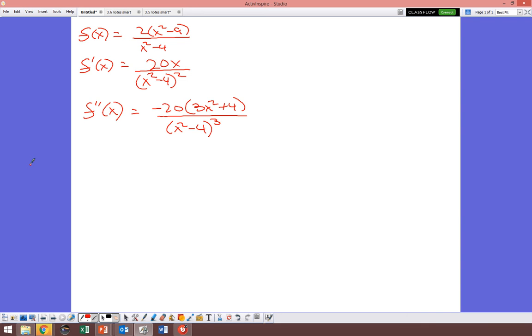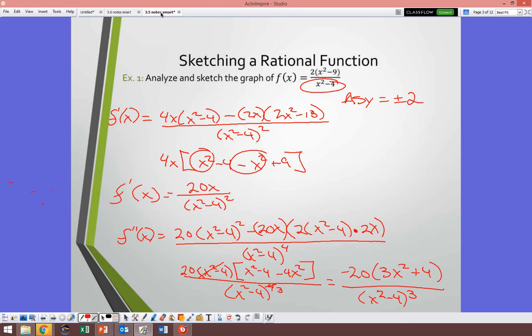Okay, so now I have everything I need, I think. Let's take a look at the graph of the function, because I'm going to sketch a graph. Analyze and sketch a graph of this.